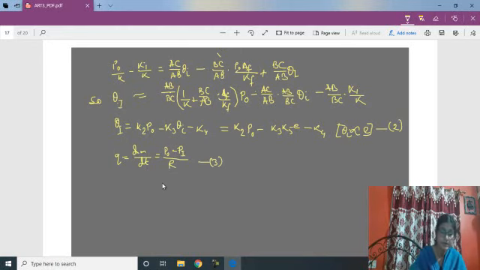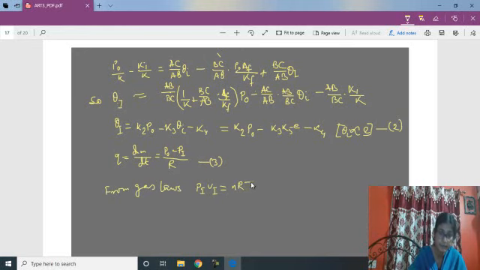From gas laws we know that Pi Vi equals nRT.